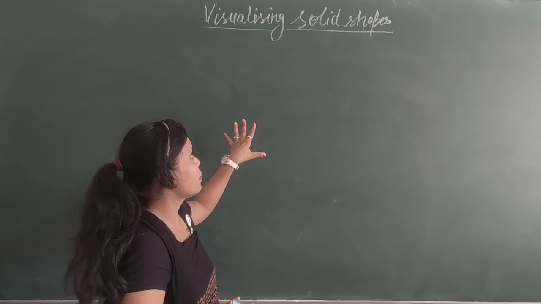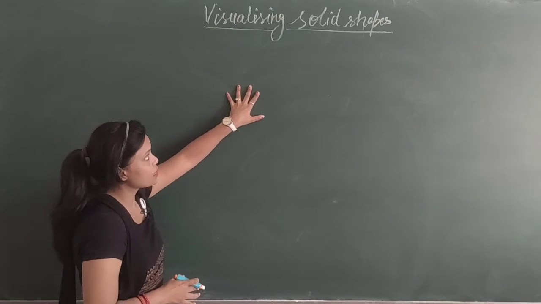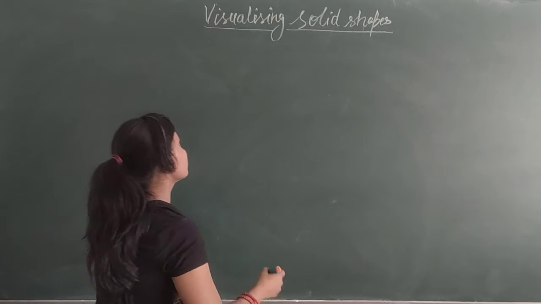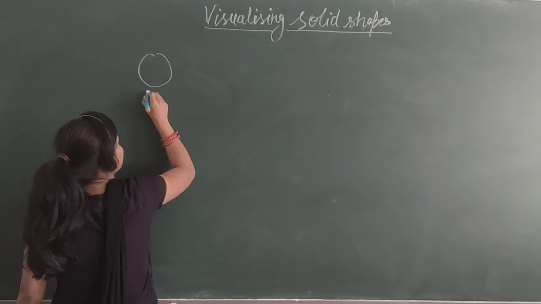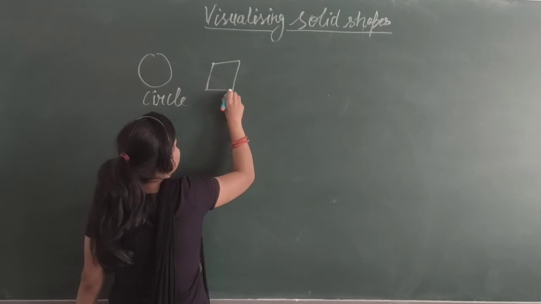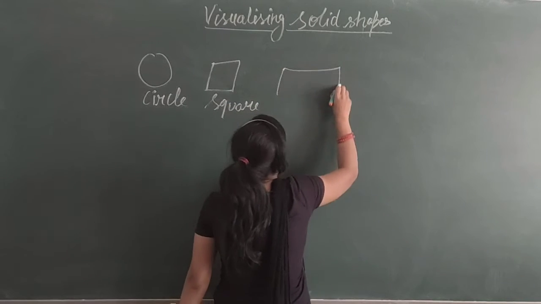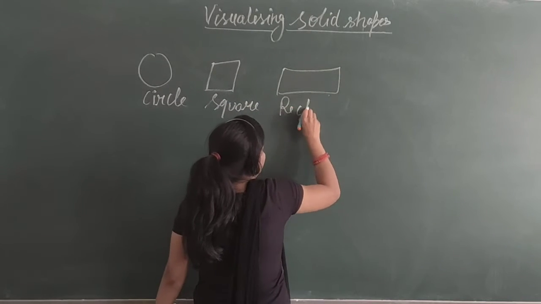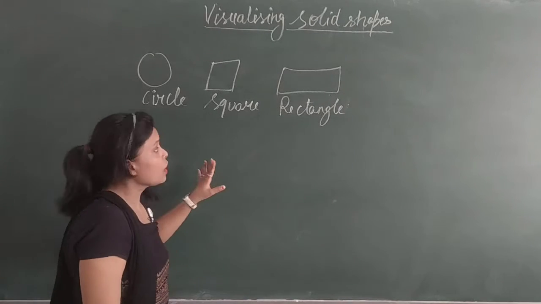In this chapter we will study new shapes. Okay, so let's start the chapter Visualizing Solid Shapes. In previous classes we have read about the circle, square, rectangle, etc. Right?